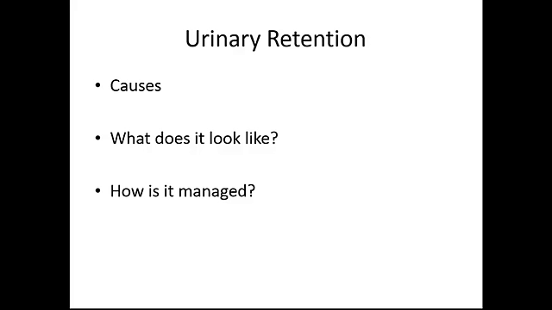Okay, urinary retention is another disorder here, and of course it is the inability to empty the bladder. So it will be whatever causes the bladder to be unable to empty completely.